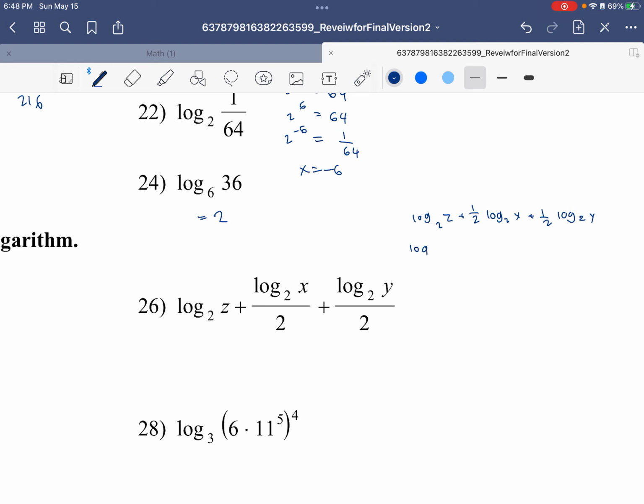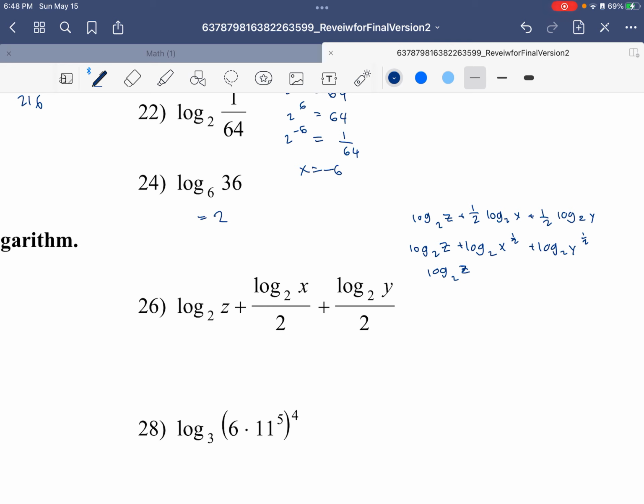So the 1/2 now becomes the exponent. Okay, and now log base 2 z, I'm gonna put a dash through my z. So when it's adding, it's being multiplied.